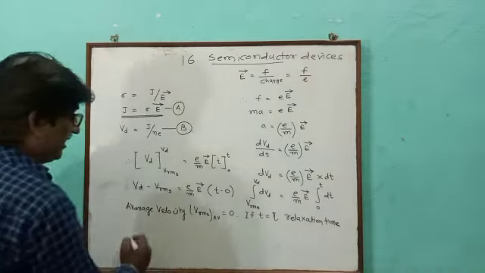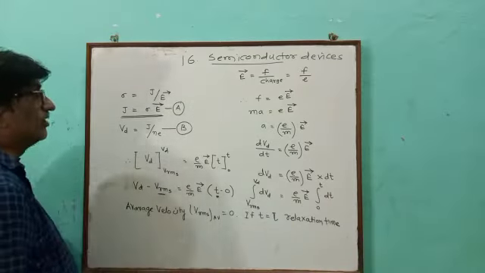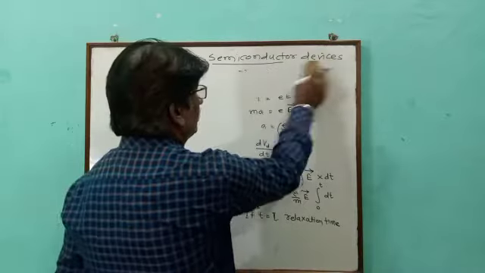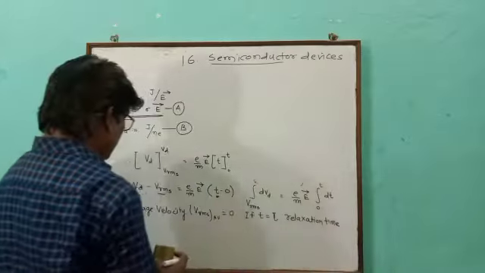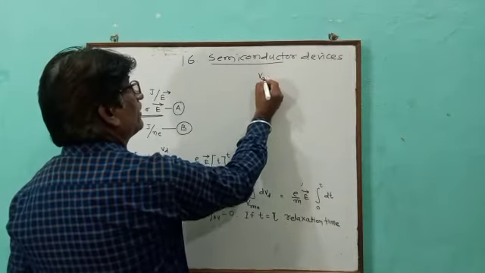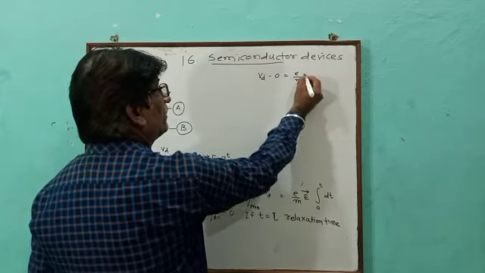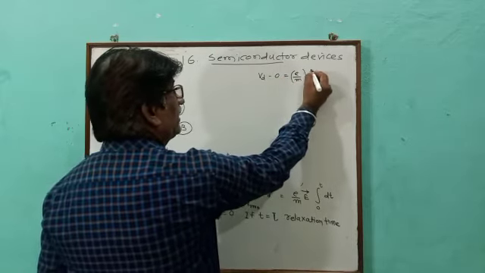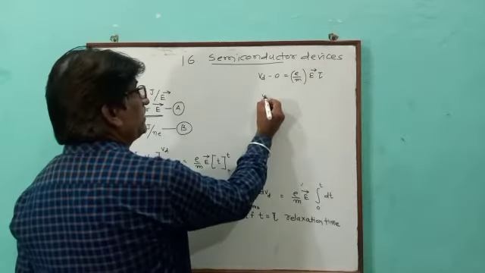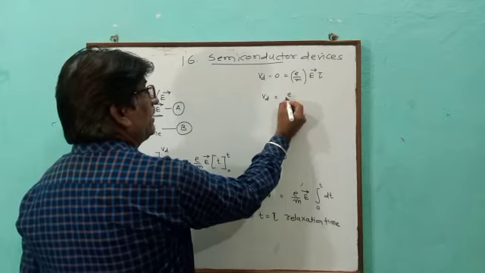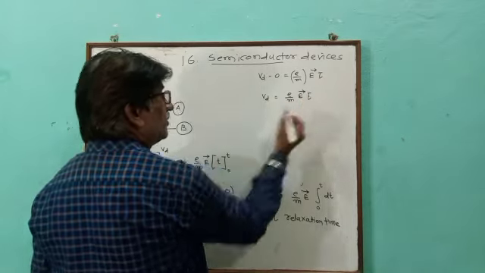Here we can see the term 0 is there and tau is there. If the values are substituted, then we get the equation drift velocity minus 0 is equal to e upon m into vector E tau. Means drift velocity will be e upon m vector E tau.